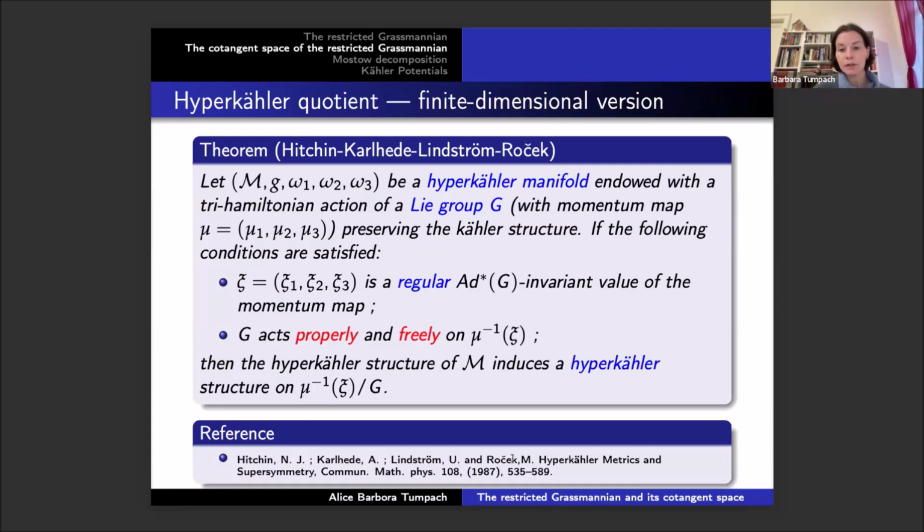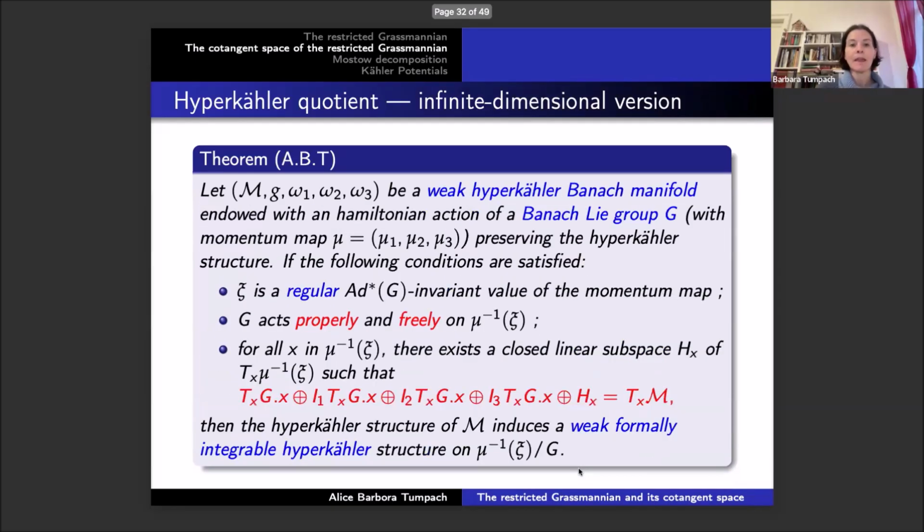I give you the reference where this theorem can be found in finite dimension, and it was applied actually in infinite dimension also in this paper. In the Banach context for operator theorists, here is a non-formal version, where we have to add a condition on the tangent space as a direct sum of different copies of the tangent space to the orbits with respect to each of the complex structures and with a complement.